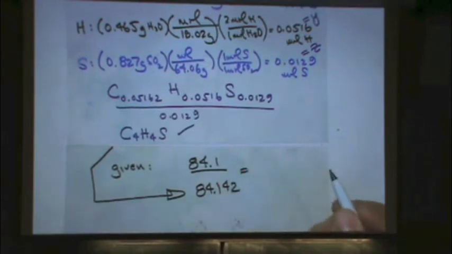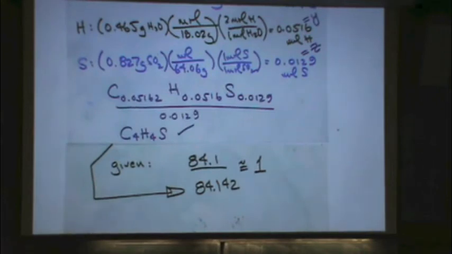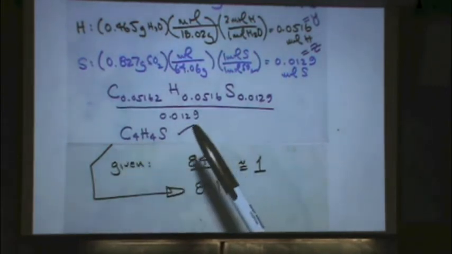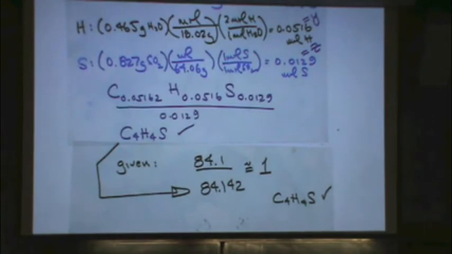You can see they're essentially the same, and you get the number 1. Number 1 means what? It's going to turn out that the molecular formula is going to be the same as the empirical formula. You'll just multiply through the subscripts by 1, and you're going to get the same answer for the molecular formula.